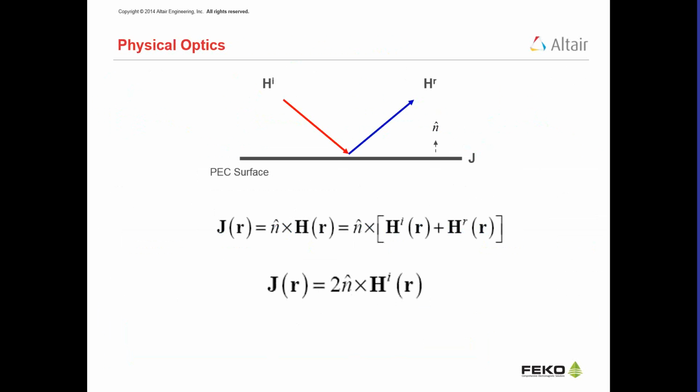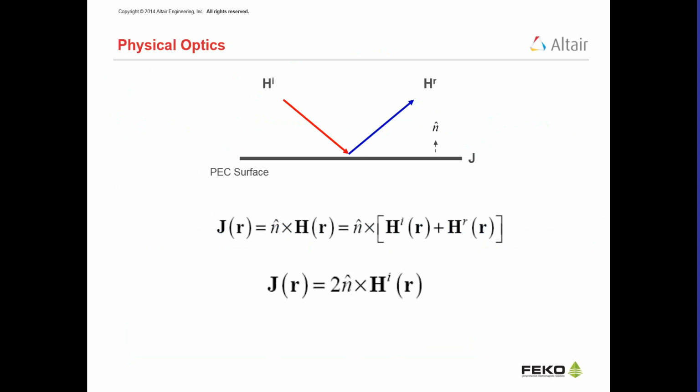This is a very simple formulation, with no need of forming a matrix, so there is no order of N cubed or order of N squared time or memory limitation. One of the good things is that this method has been around in the literature since the 60s and 70s, when memory was a much bigger problem than today.